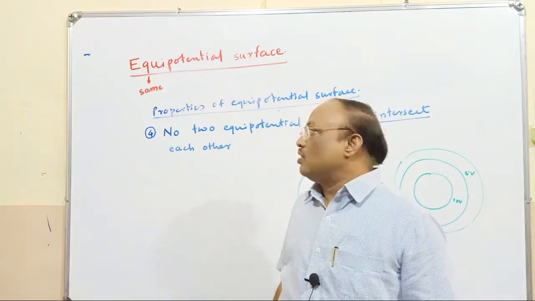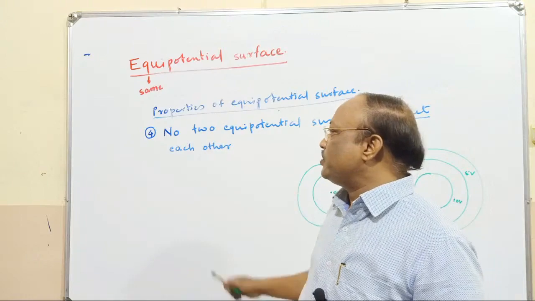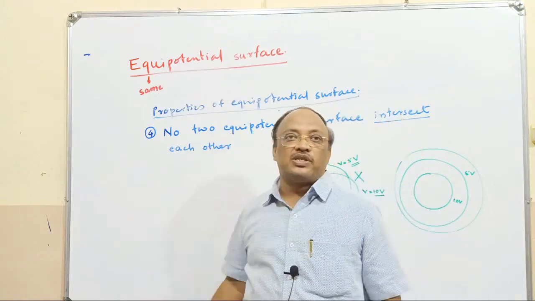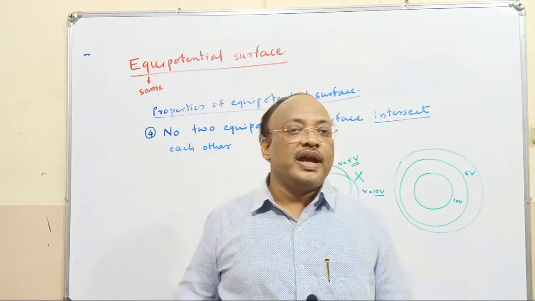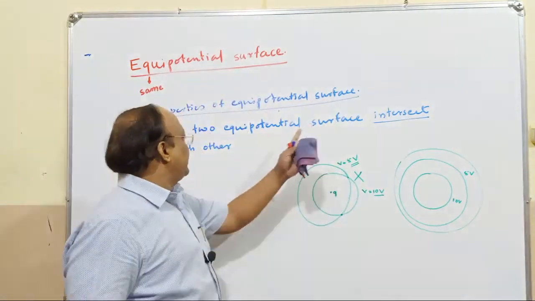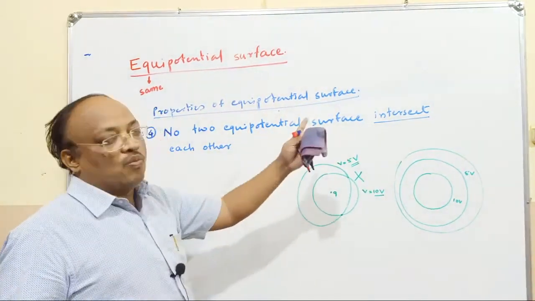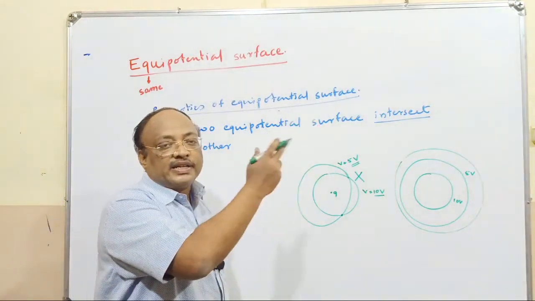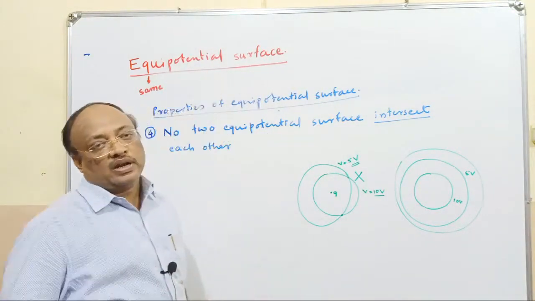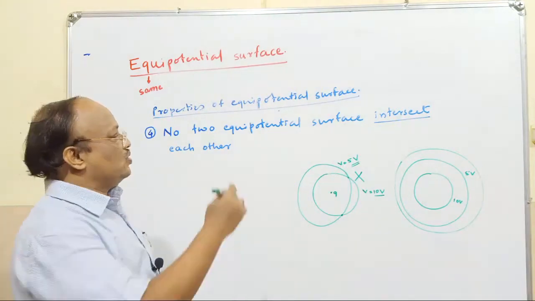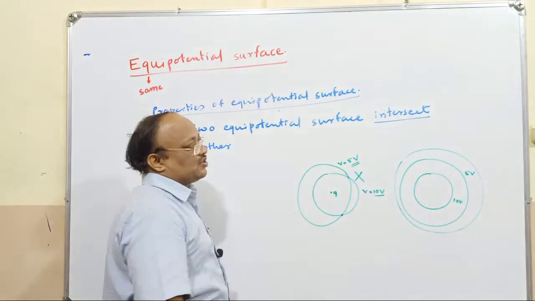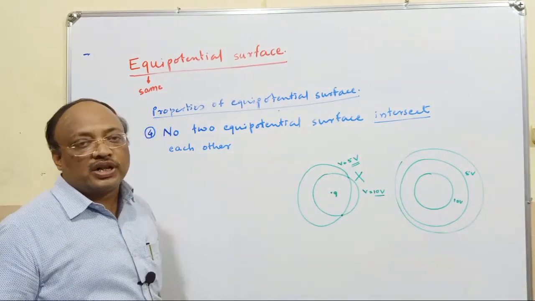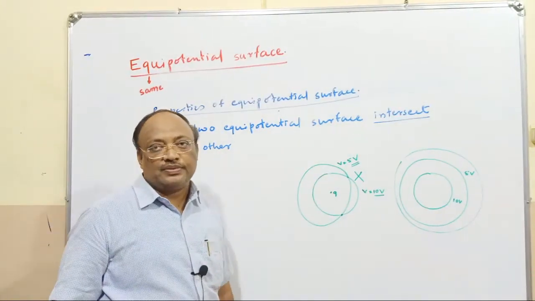The fourth: no two equipotential surfaces intersect with one another.